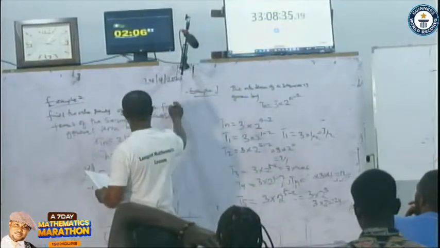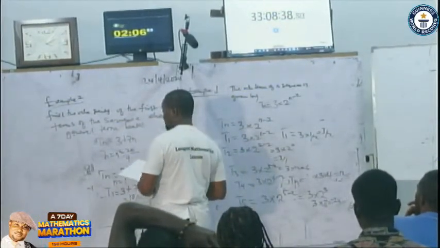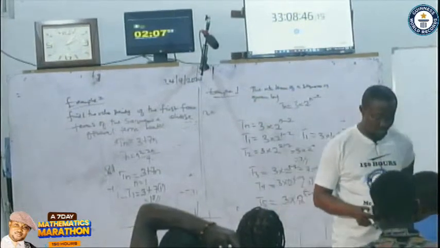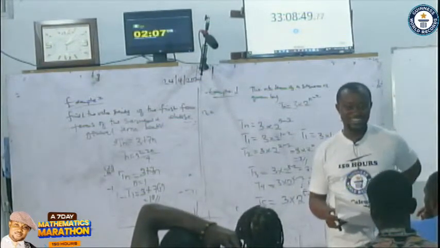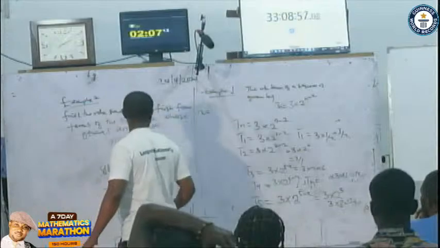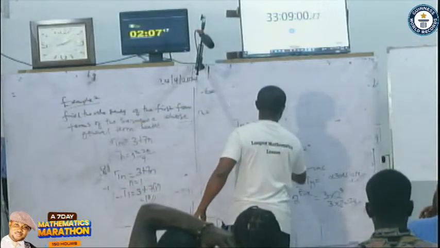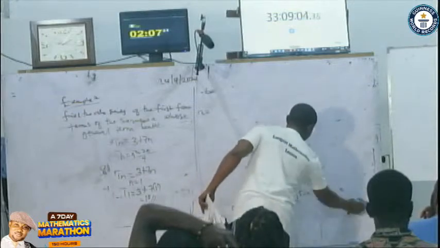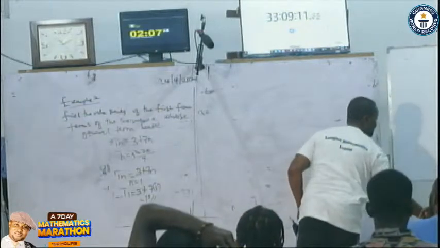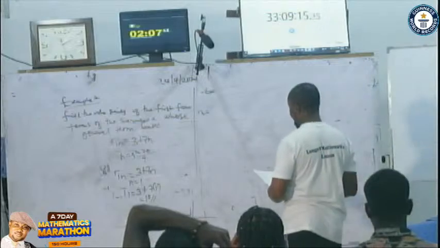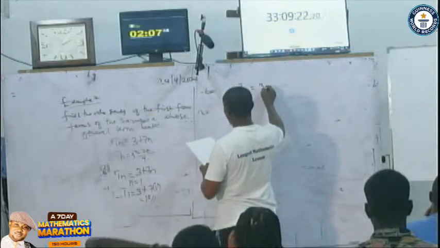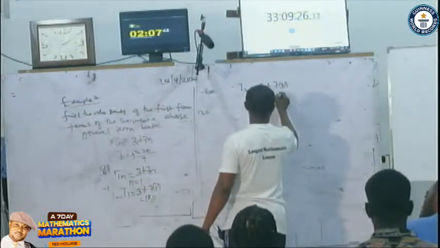Now let's get when n equals 2. That's 3 plus 7 into 2, which is 3 plus 14.